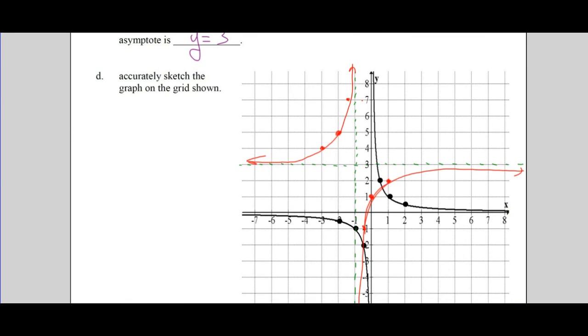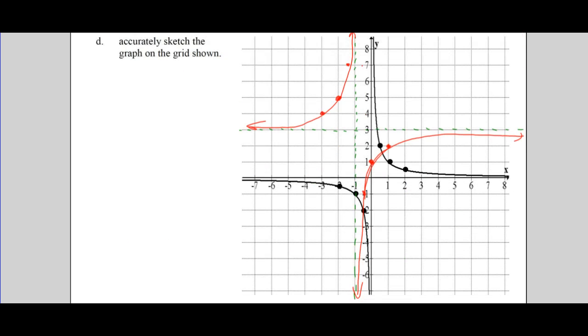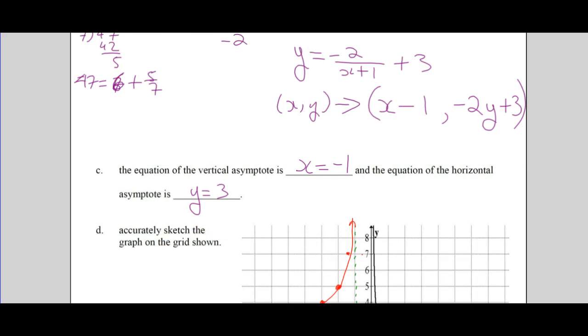Like 0, 1? Where's the point 2, 1 half go? So 1, that's a half, so negative 1 plus 3, 1, 2. 2. Where's the point a half, 2 go? Negative a half, negative 4 plus 3, negative 1, negative a half, negative 1.